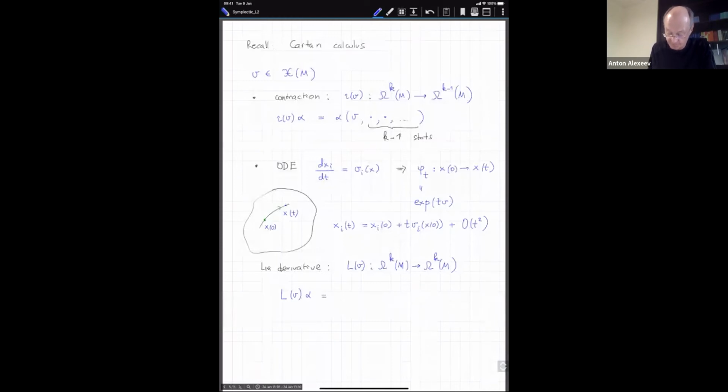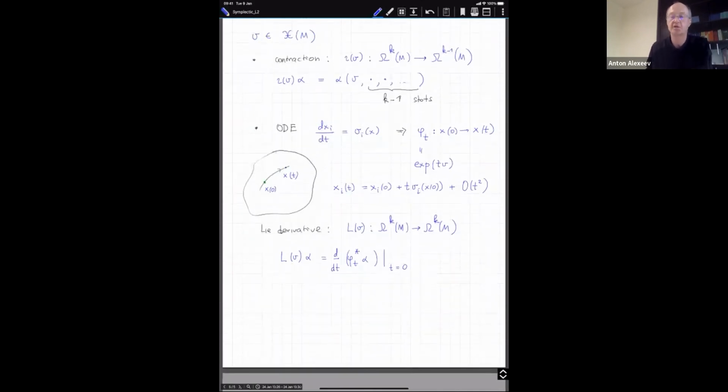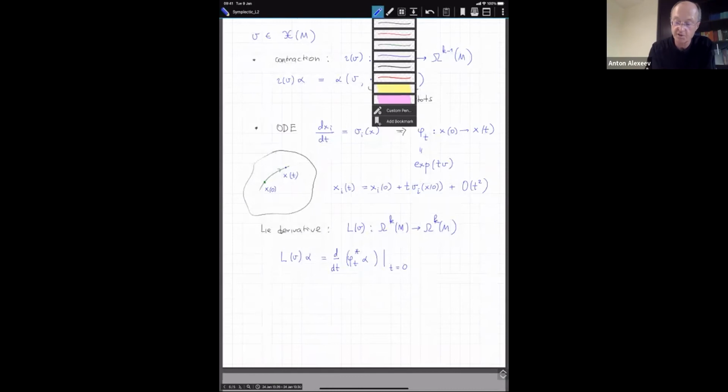You take what is called the pullback of your form under this map phi t, differentiate over t, and compute it at t equals 0. For now, if you don't understand the notation, don't pay attention; I'll now compute an example, and I hope it will become clear what happens.